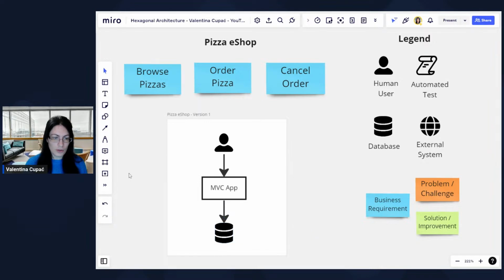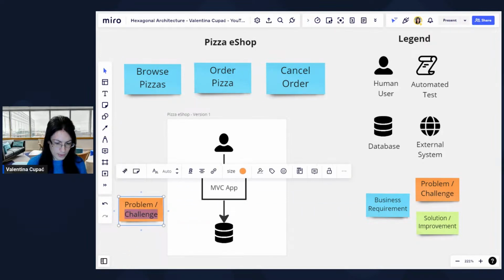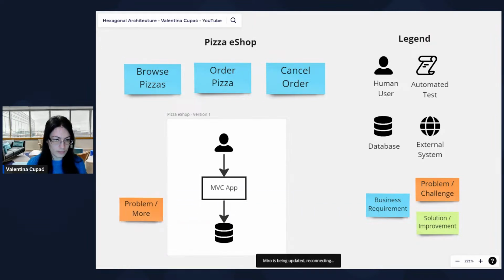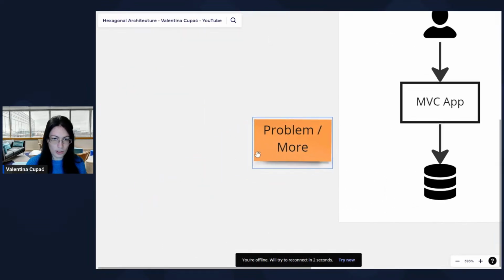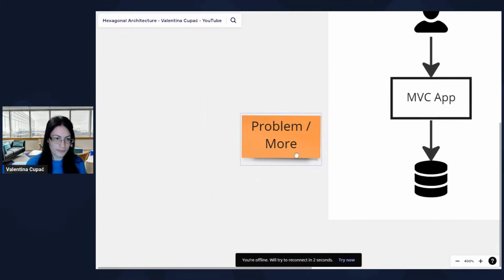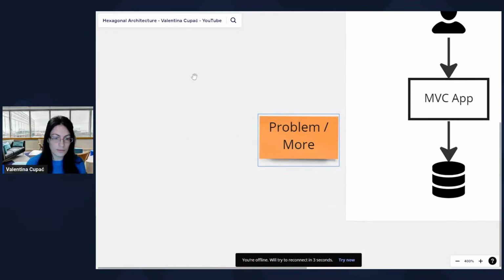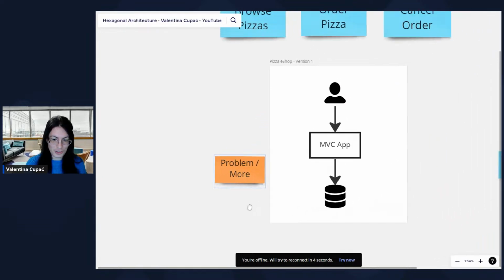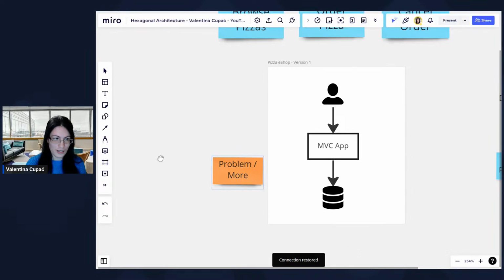Now, what happens is that over time we have certain challenges that are occurring. There is essentially more and more business logic. I seem to have a connection issue, so I'm just retrying again.